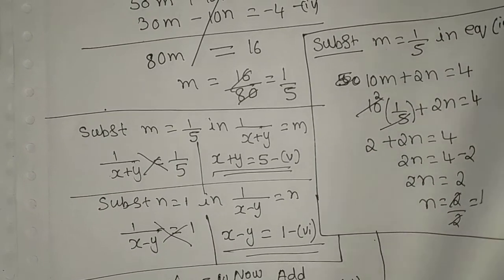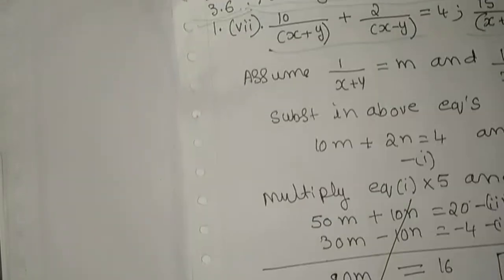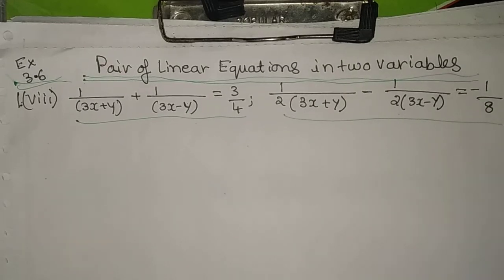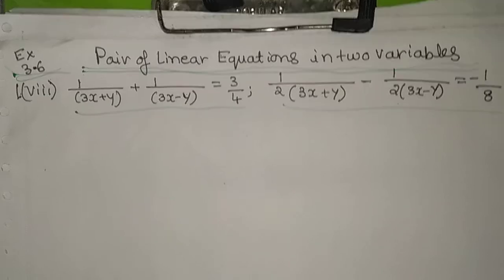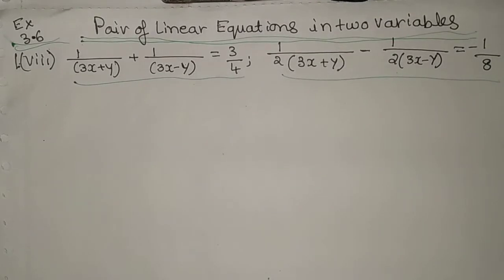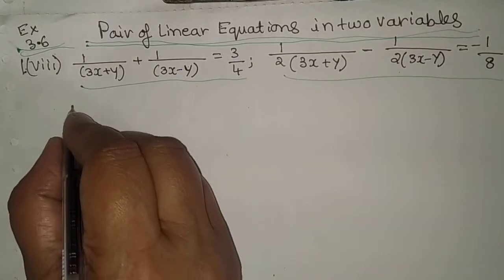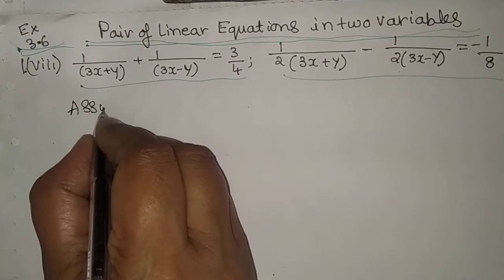So we'll continue with the next one, that is the 8th problem. In the 8th problem, the two equations are given here. See, we'll just assume the same thing as in the previous problem.